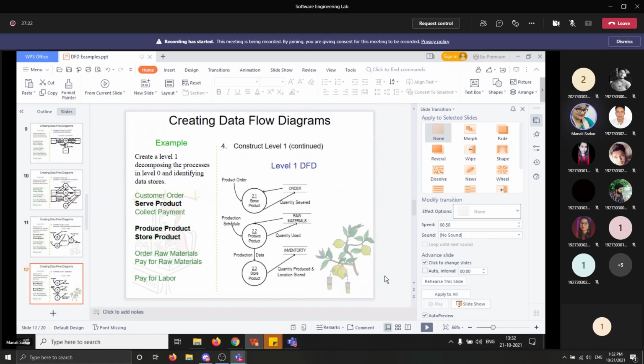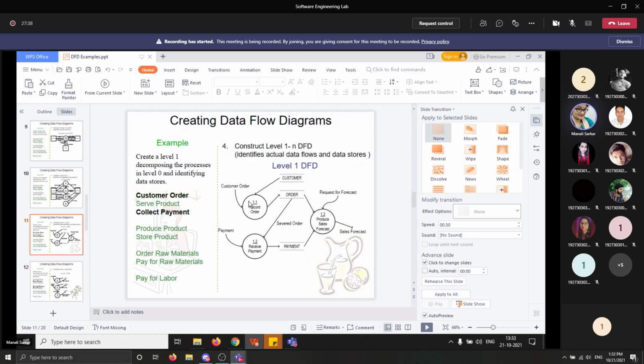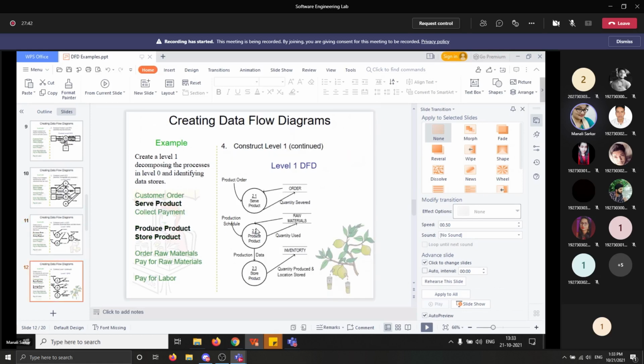This is the continuation of this level. See here, product order, it is serving, 2.1. This is the second level: here it has 1.1, 1.2, 1.3, and here 2.1, 2.2, 2.3.